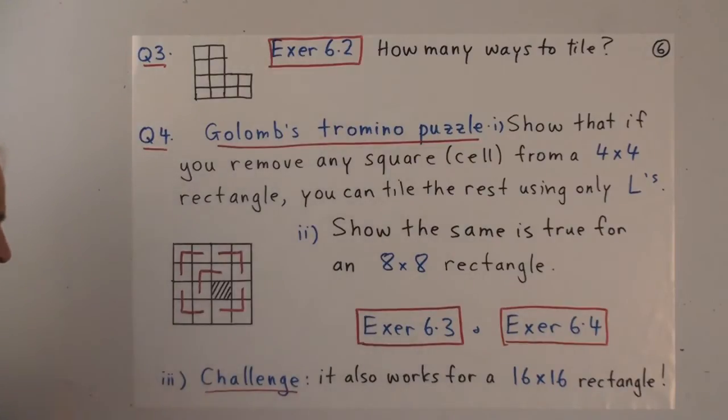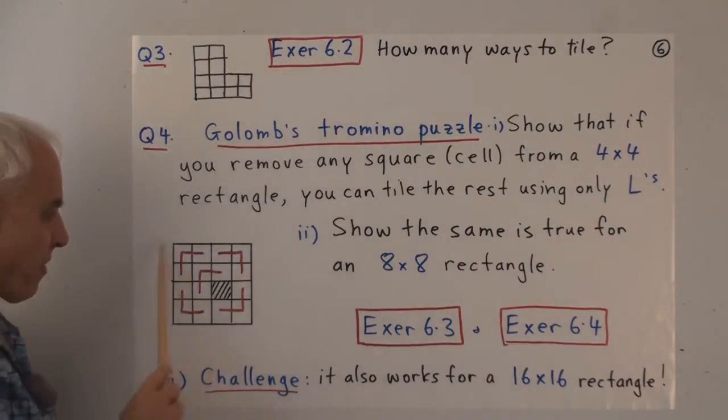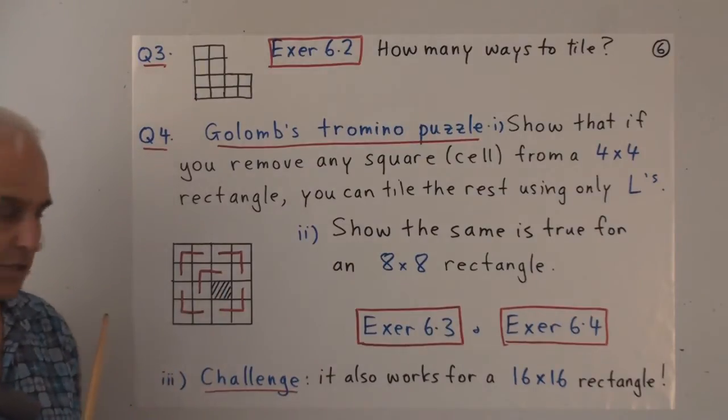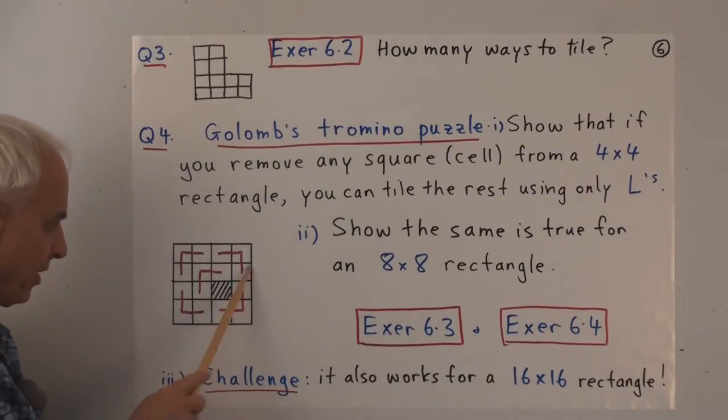No I's, just L's. So for example, here I've shown you how to tile the 4x4 square. If you remove this particular cell, there's an L right here, 1, 2, 3. And then there's another L here, another L here, another one here, and one down here in this corner.